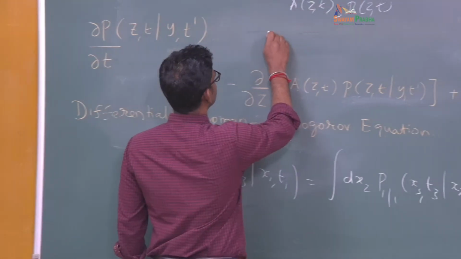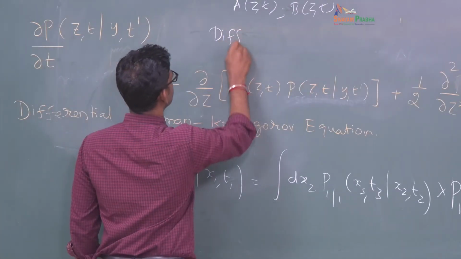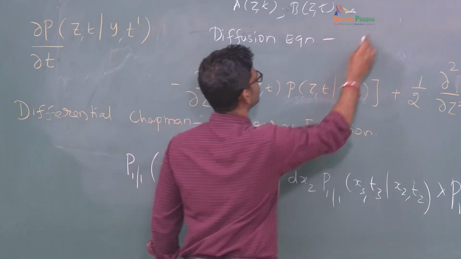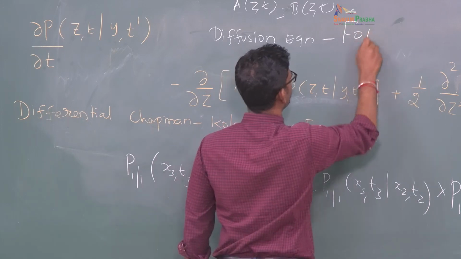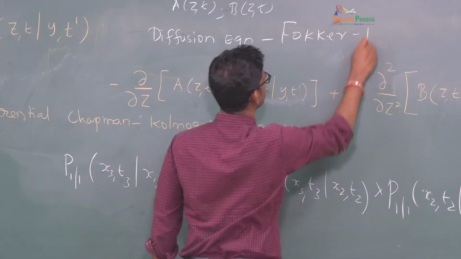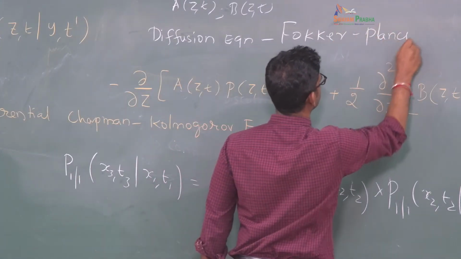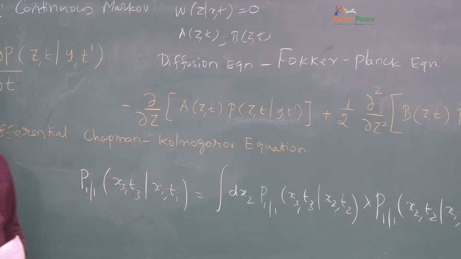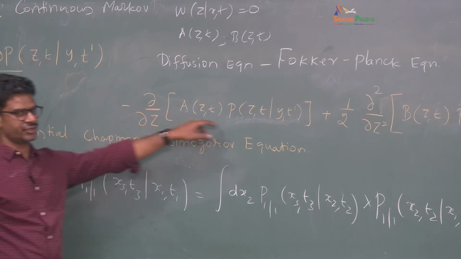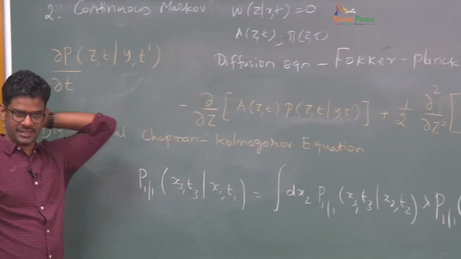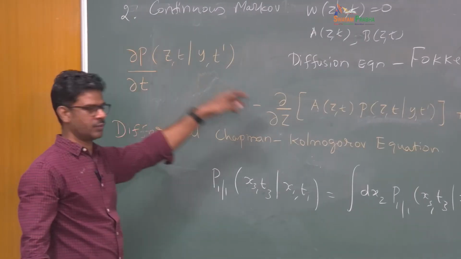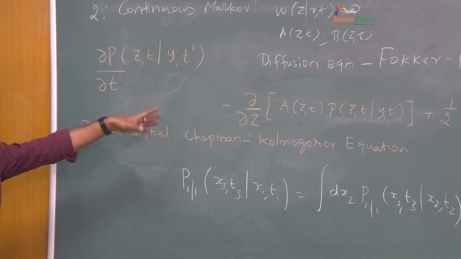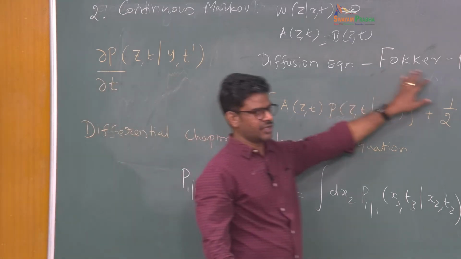So we call this the diffusion equation, or also called the Fokker-Planck equation. In the diffusion equation, instead of P, we would have concentration or temperature. Otherwise we have this kind of a second-order partial differential equation. So we call this a diffusion equation, or more generally the Fokker-Planck equation.